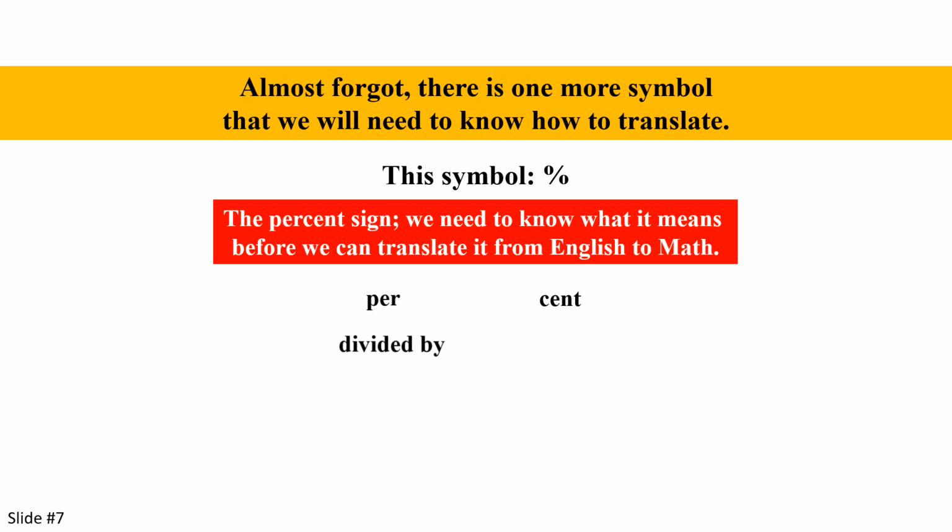Per means divided by, represented by a division symbol. Cent is an old Roman word short for century, which means 100, because a centurion was an officer in charge of 100 people. So percent means divided by 100.